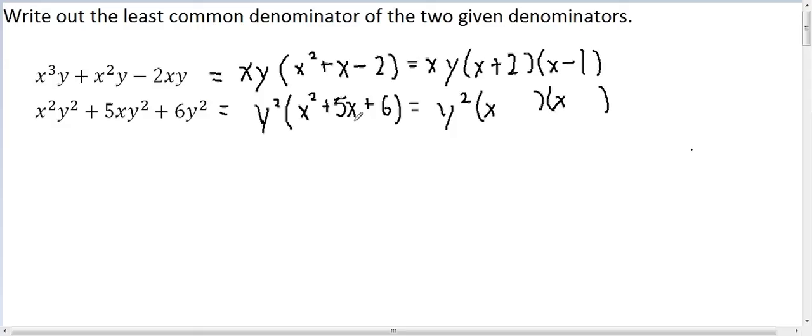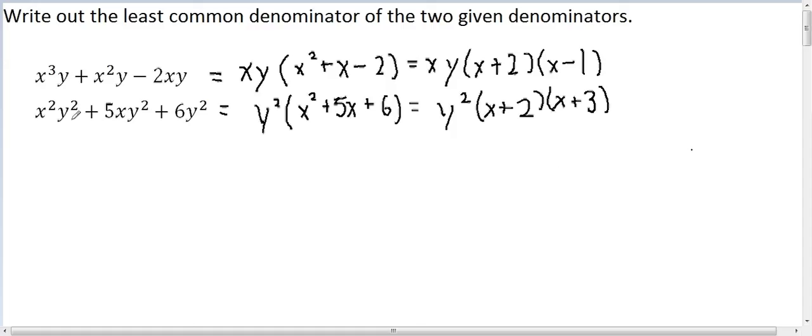But if we look at the linear term, plus 5 is positive, so we need to use both positive numbers. If we use 1 and 6, 1 plus 6 is 7, which doesn't match 5. But if we choose the other set of factors, 2 and 3, 2 plus 3 is equal to 5. So we should be able to factor the original expression x squared y squared plus 5xy squared plus 6y squared as y squared, x plus 2, x plus 3.